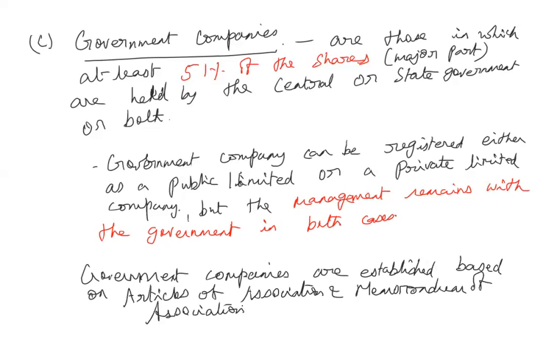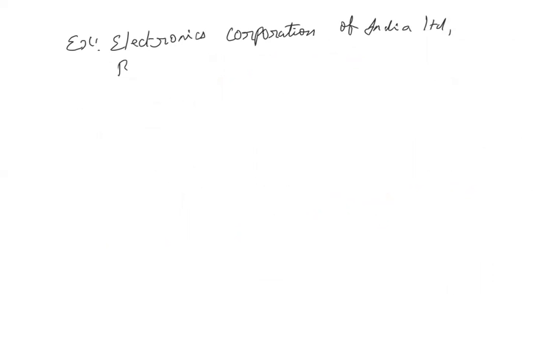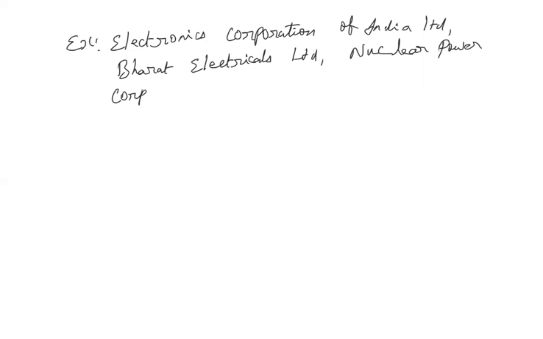Okay, so some of the examples we have of government companies: Electronics Corporation of India Limited, Bharat Electricals Limited, Nuclear Power Corporation of India Limited. So some of the examples of this government company.